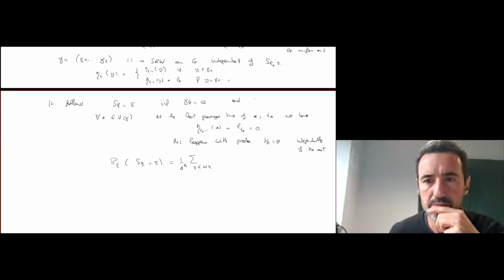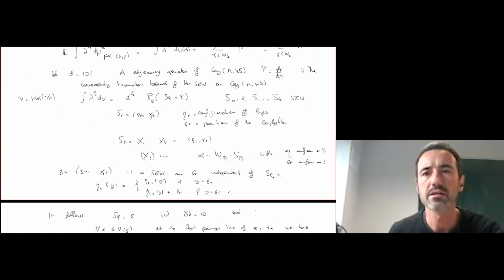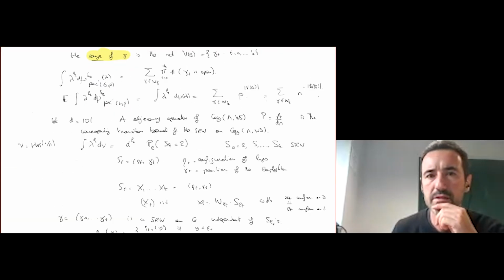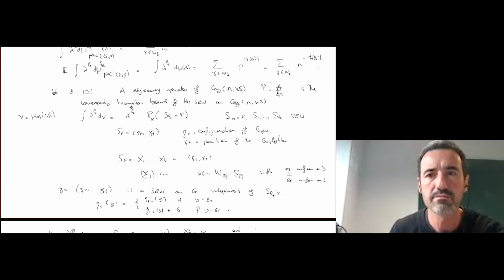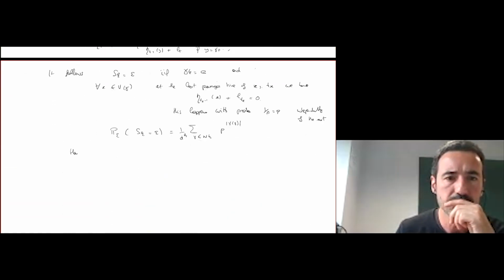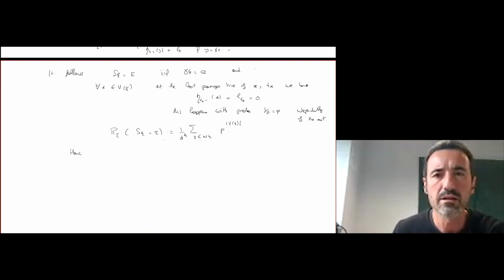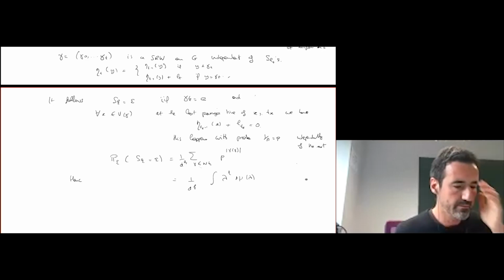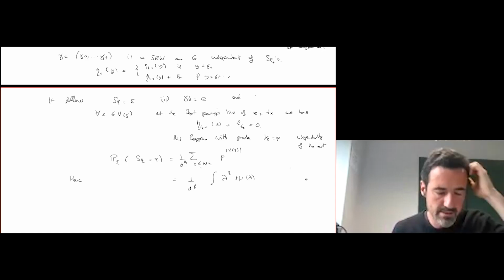And the second event has probability p to the power v of gamma. Okay, and this is exactly the moments that we have computed for these percolations. Hence, up to this scaling, this is 1 over d^k times the k-th moment of d mu lambda. Okay, so we have proved this equality of moments.